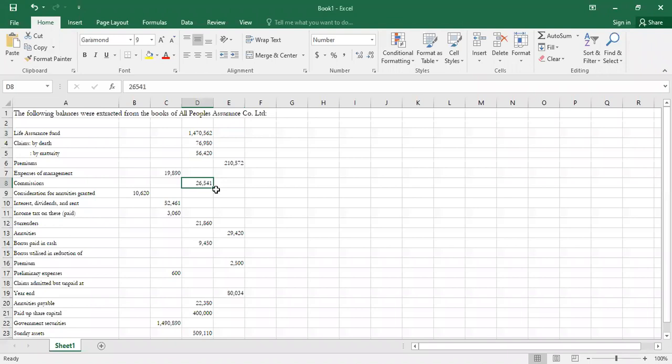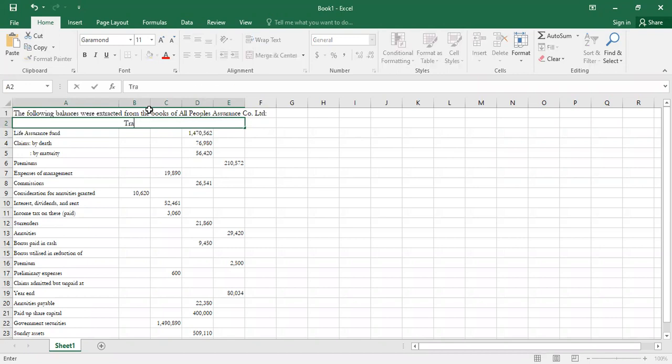So here we are. I have copy pasted the items as they are. The very first thing is to make this a trial balance. Let me work with that trial balance to avoid losing any figures. We said the basics of accounting stands.